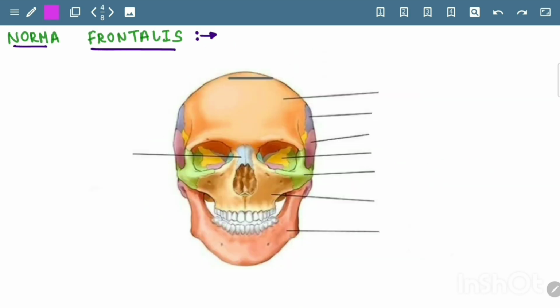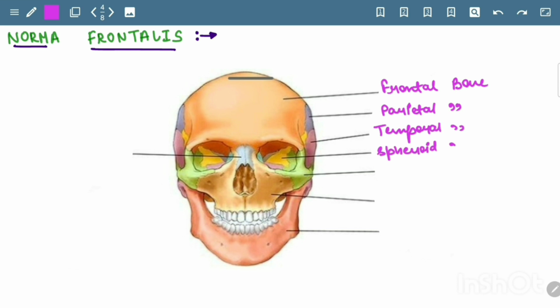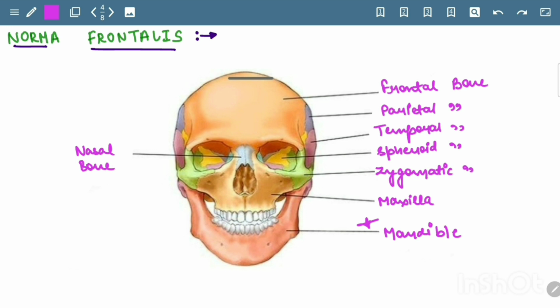Now norma frontalis, when we view our skull from the front surface, this one is frontal bone. This is parietal bone. This pink one is temporal. Yellow one is sphenoid. Green is zygomatic. This one is maxilla. This is mandible, which is most important. Now this one is nasal bone.